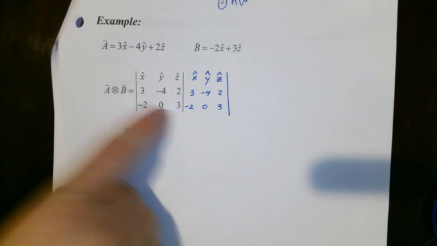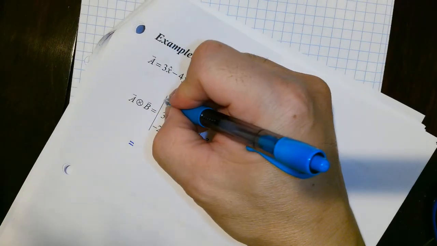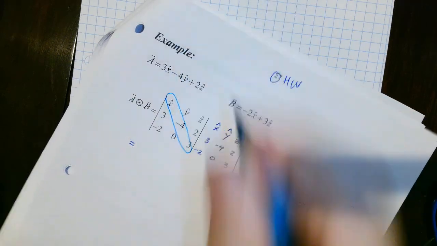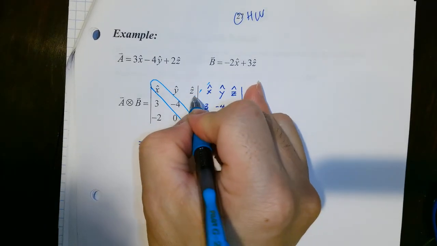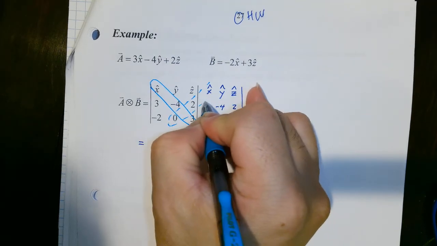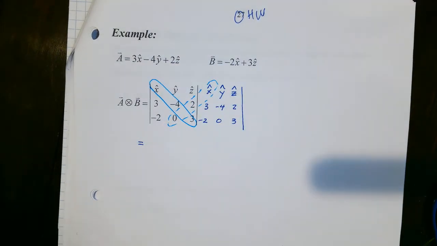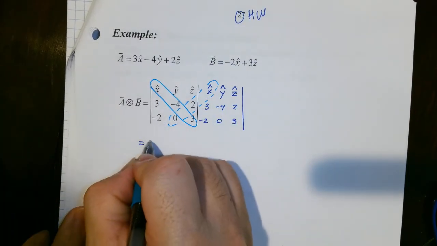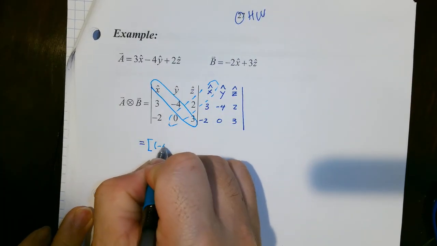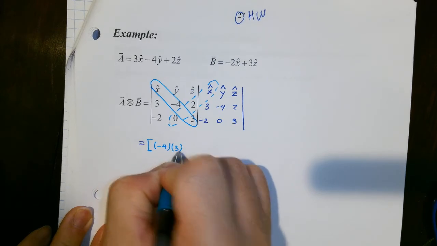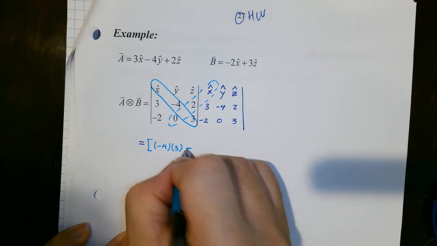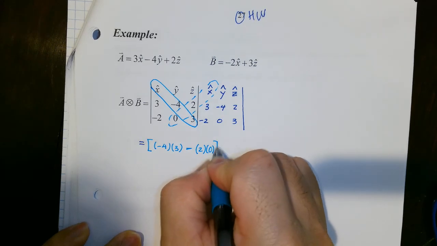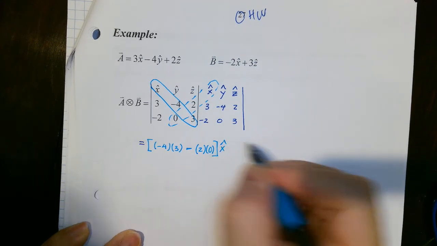this times this, minus this times this, okay? So here, when we do that, we can factor out the x hat. So here, negative 4 times 3, minus 2 times 0, x hat, okay?